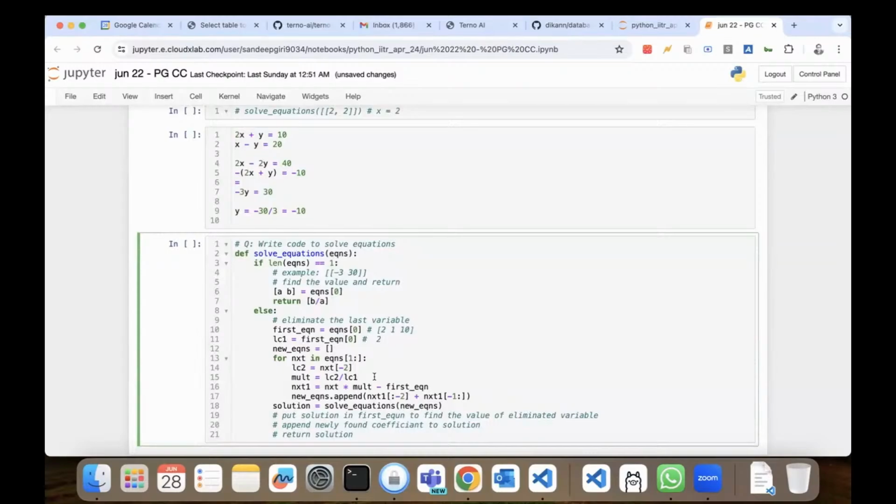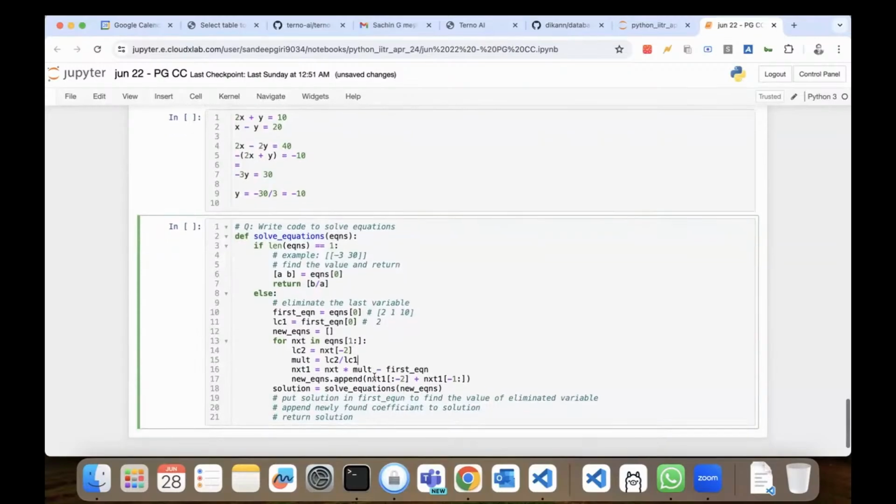Let me see what we're trying to do. We pick all the equations except the first one. If there are 3 equations, we pick the other 2 because we'll subtract the first one from them.